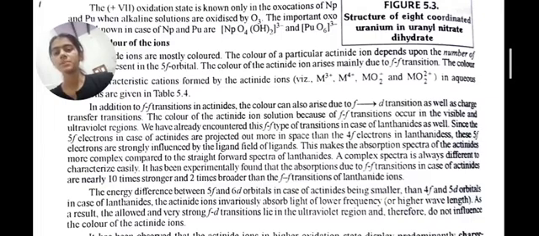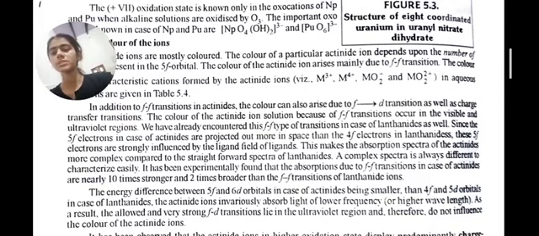A complex spectrum is always difficult to characterize easily. It has been experimentally found that the absorptions due to f-f transitions in actinides are nearly 10 times stronger and 2 times broader than the f-f transitions of lanthanide ions.